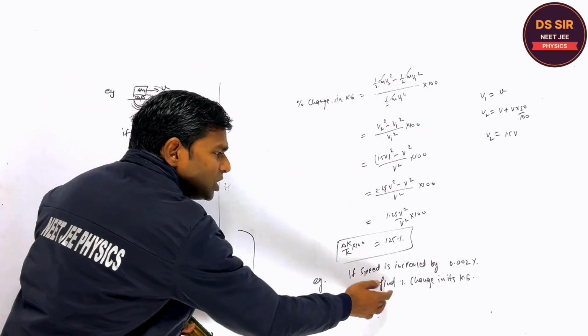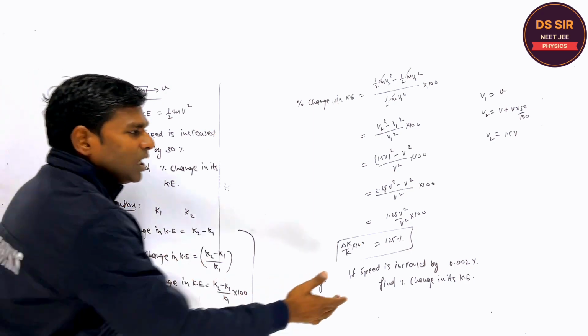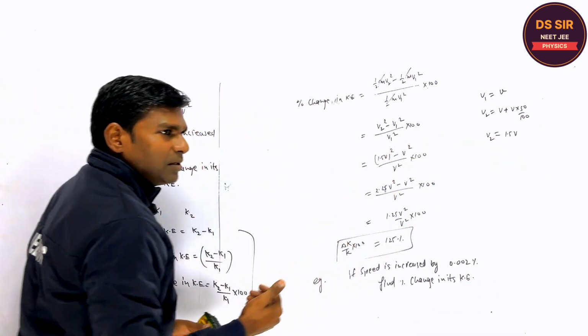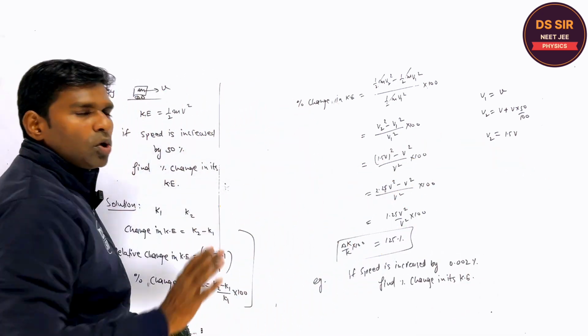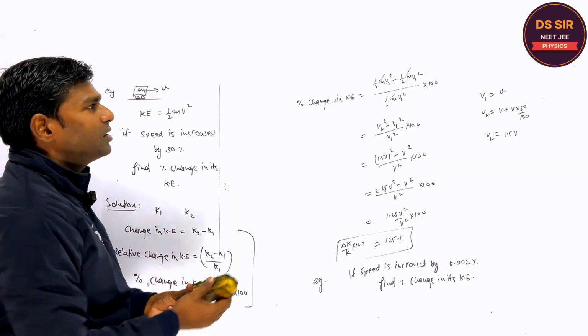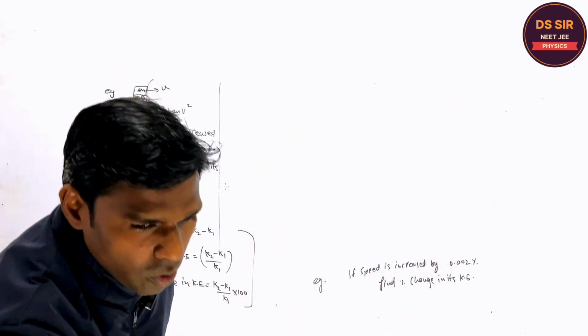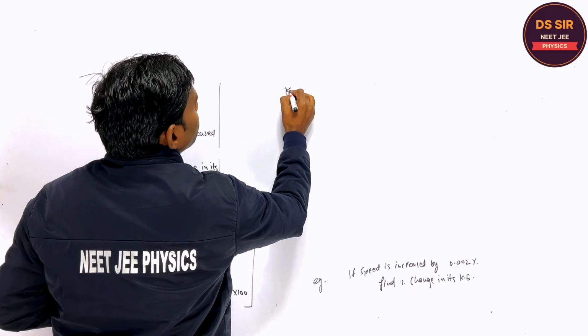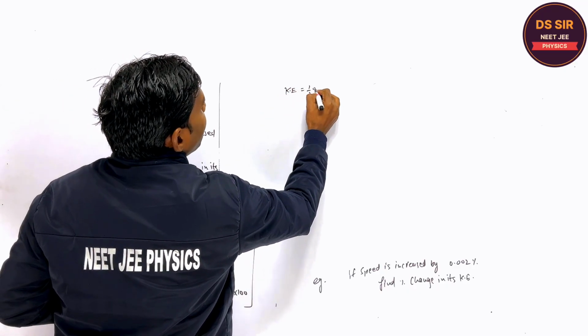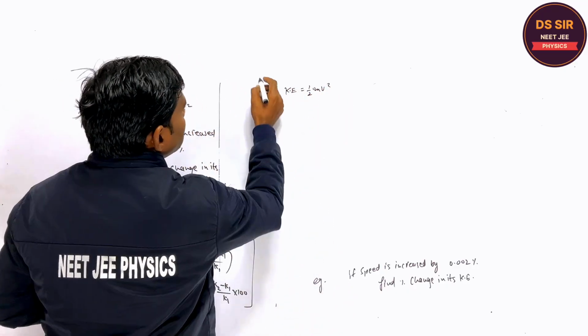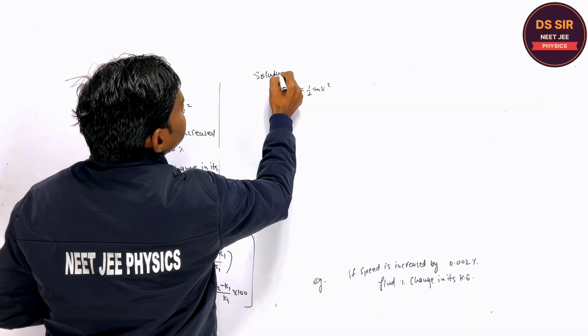But if the change is very small, like 0.0002%, this method does not work. Then in class 11, we use the concept of differentiation. How is it used? Suppose this is the kinetic energy, half m v square. This is the question. This is the solution.